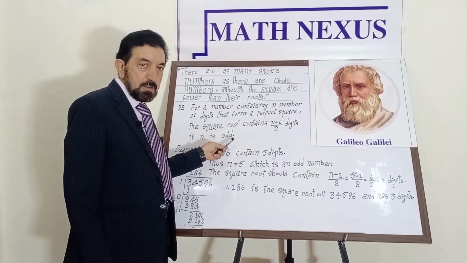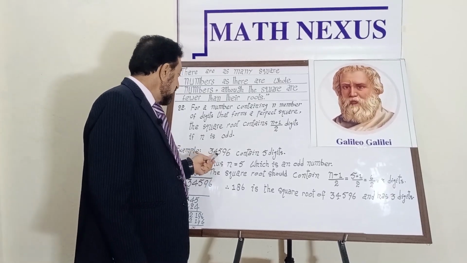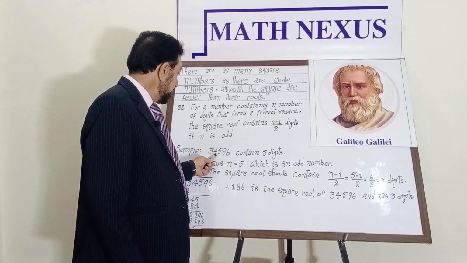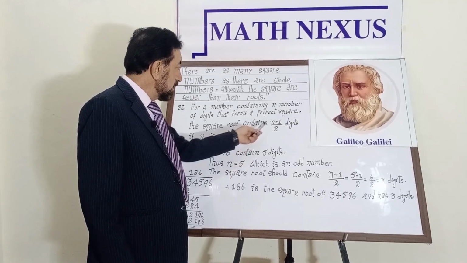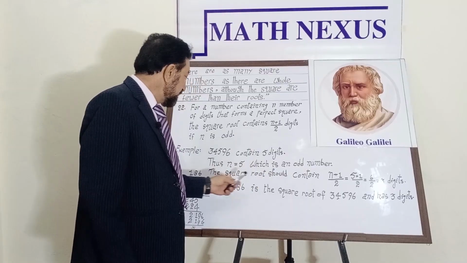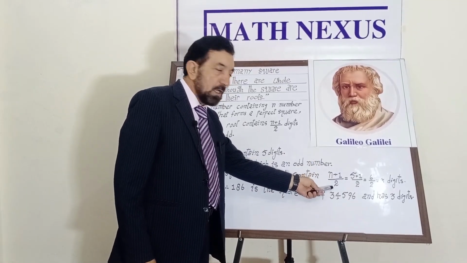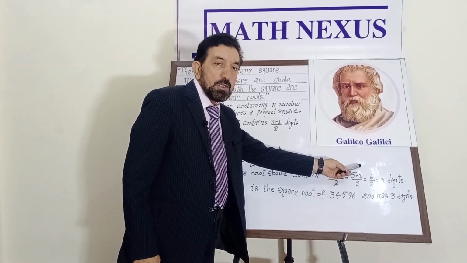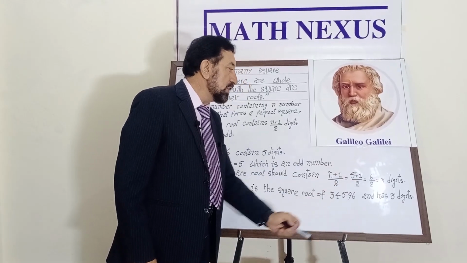Example, 34,596 contains 5 digits, so n equals 5, which is an odd number. The square root should contain n plus 1 upon 2, 5 plus 1 upon 2 equals 6 upon 2 equals 3 digits.